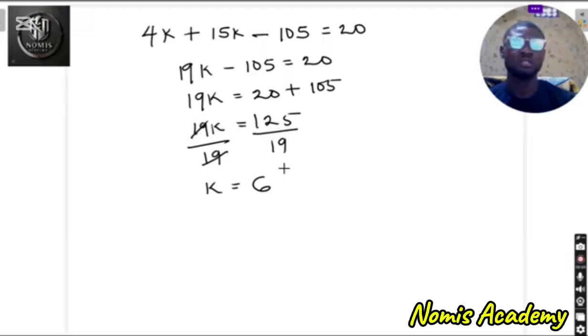So that'll be 6 whole number, 11 all over 19. So this is the value of k.